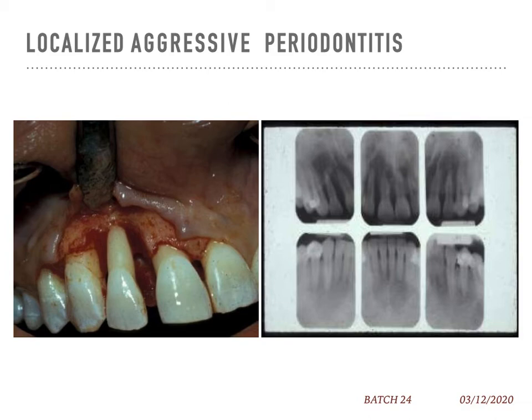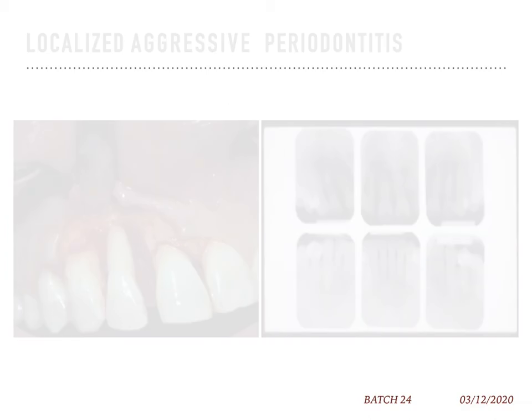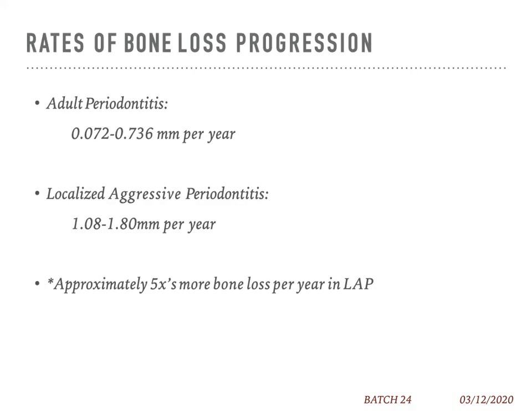You can see how much bone loss happened, the severity of the bone loss. Coming on to the rate of bone loss, in adult periodontitis the rate of bone loss is around 0.07 to 0.73 millimeters per year, whereas in localized aggressive periodontitis it is 1.08 to 1.80 millimeters per year. So almost 2 millimeters per year the bone loss will be.